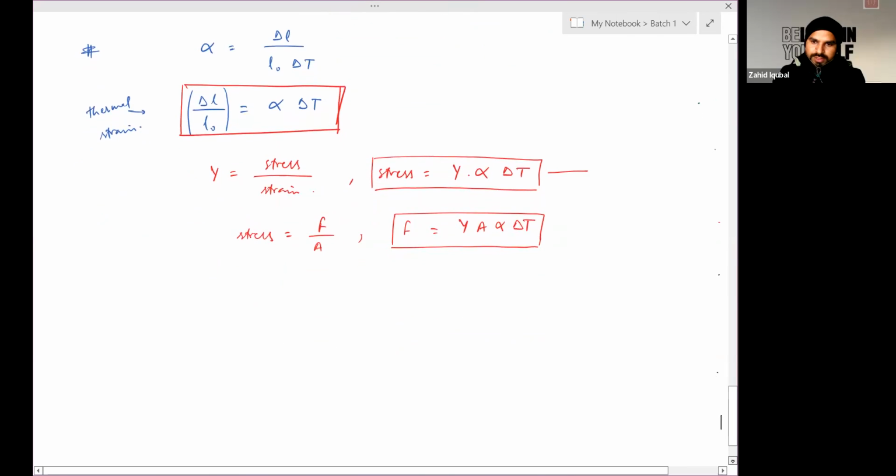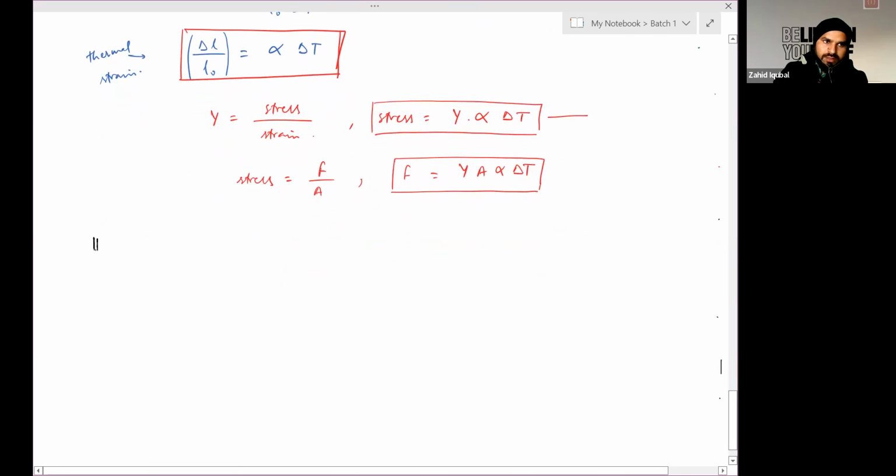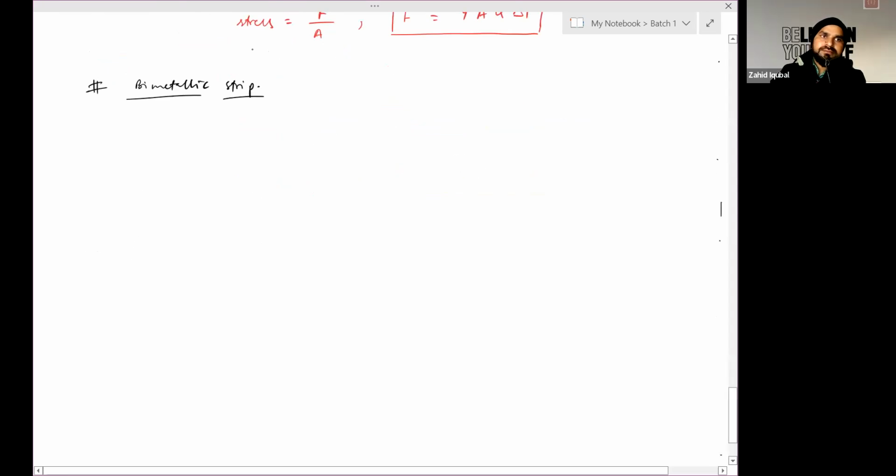Now there will be some theoretical questions related to this part. In case of a bimetallic strip, suppose two rods of different material.